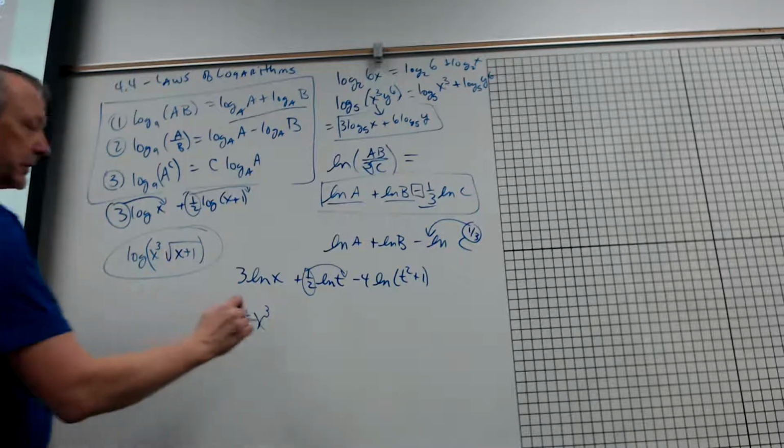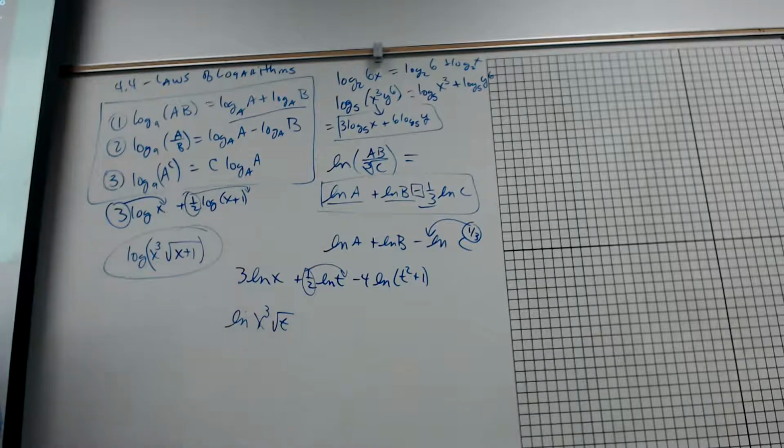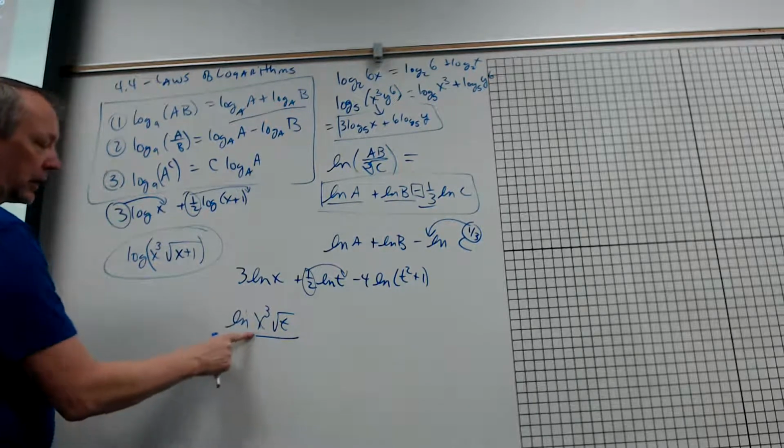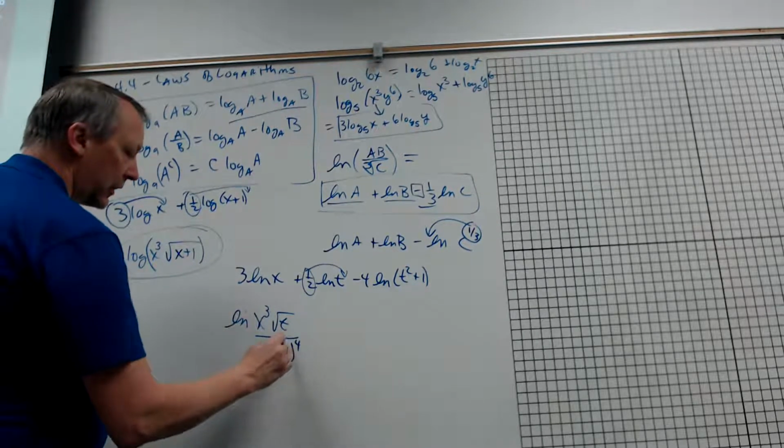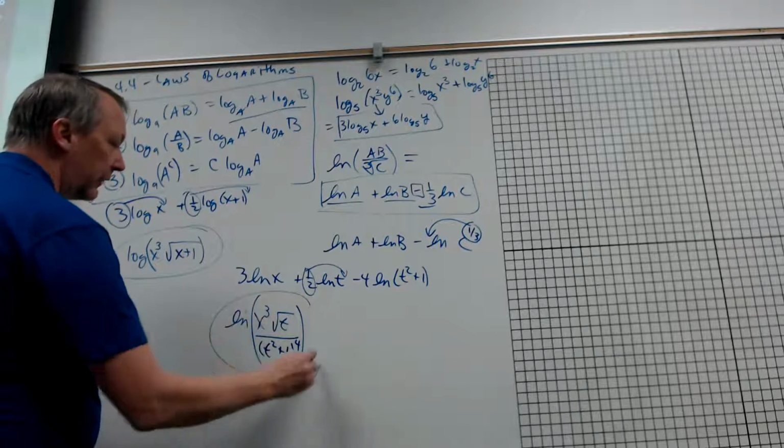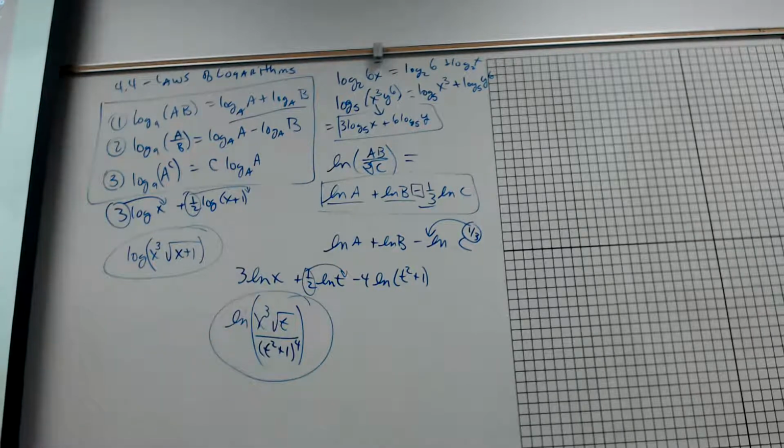So this is the square root of t, all over t squared plus 1 to the negative, or to the 4th power. Got that written as a single logarithm. Okay? Just write it like that.